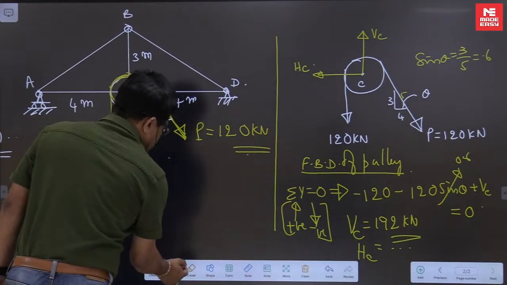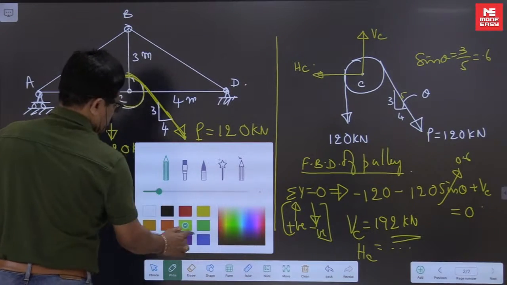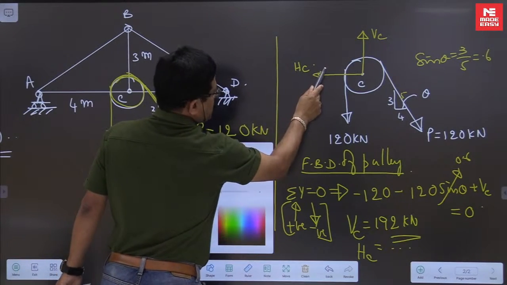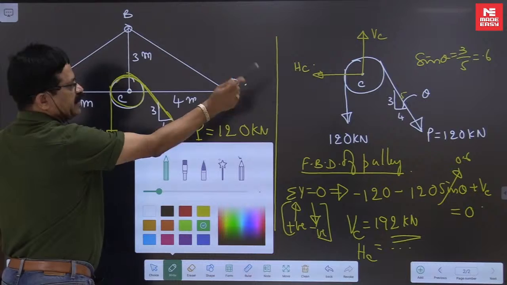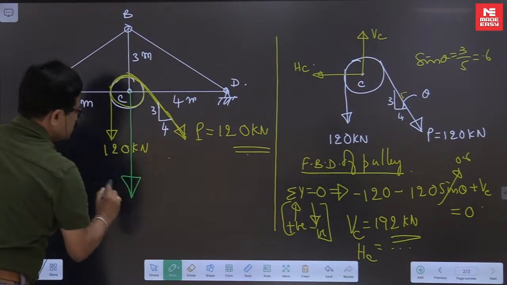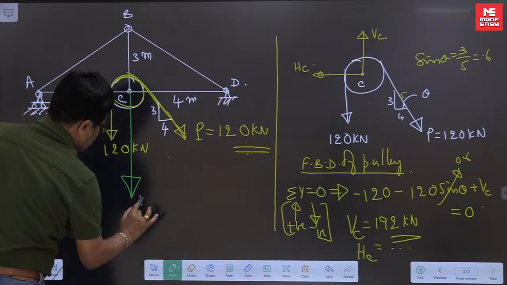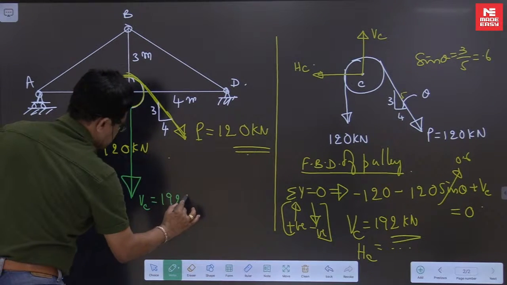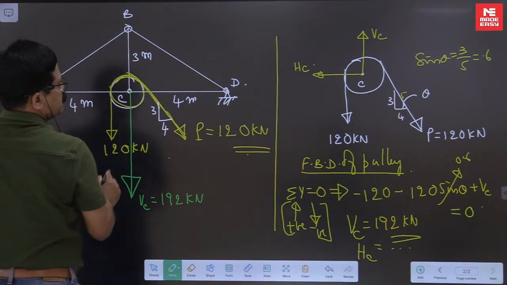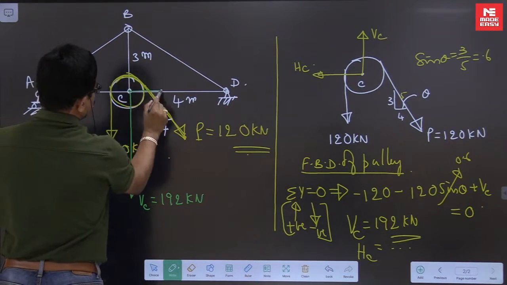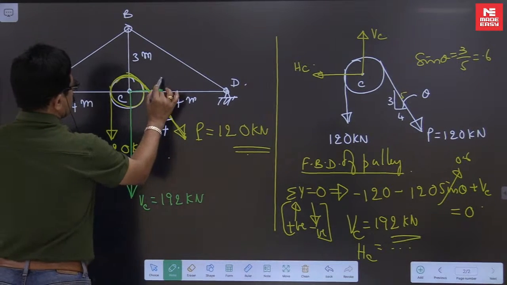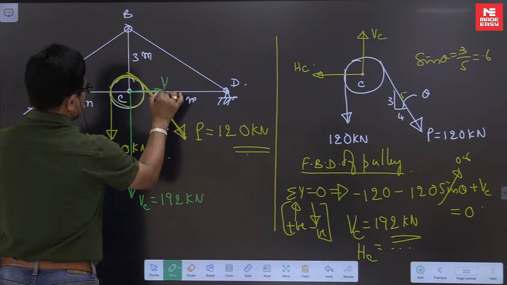Now, in this free body diagram, VC and HC are the forces exerted by the truss on the pulley. In return, what the pulley will do on the truss is the net force. This force now is 192 kilonewton. Horizontally, here it is exerting left side, here it should exert right side, some force HC.